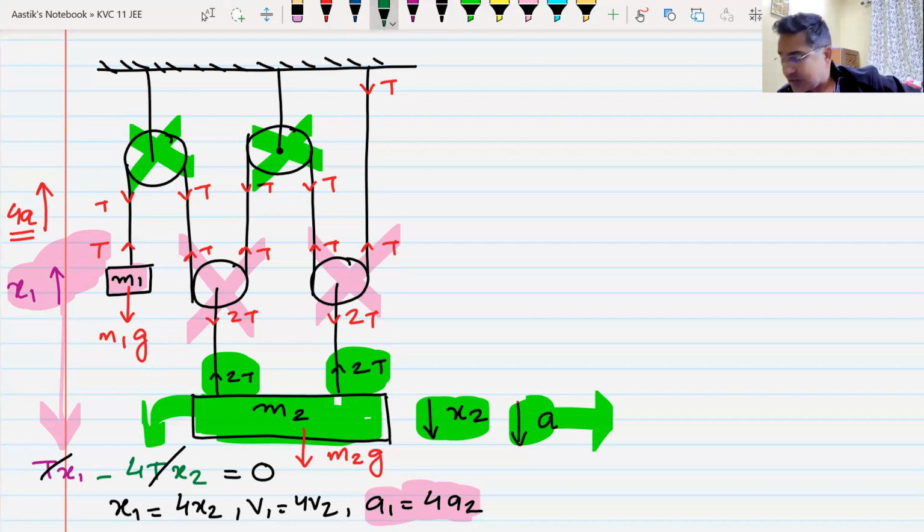We have done it 1500 times now. What is the motion of this block? What is the equation of motion of this block? I asked you the equation of motion of this block.